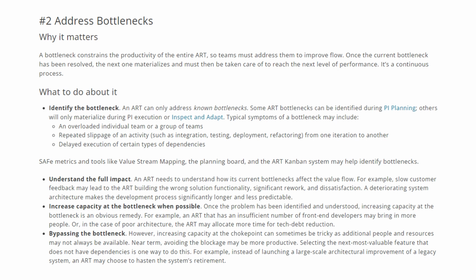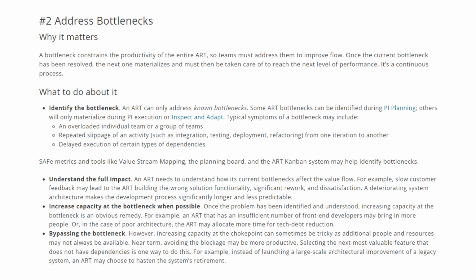What do we do about it as a leader or as a change agent? What should I do? First step will be to identify the bottleneck. An ART can only address known bottlenecks. Some ART bottlenecks can be identified during PI planning. Others will only materialize during the PI execution or inspect and adapt.